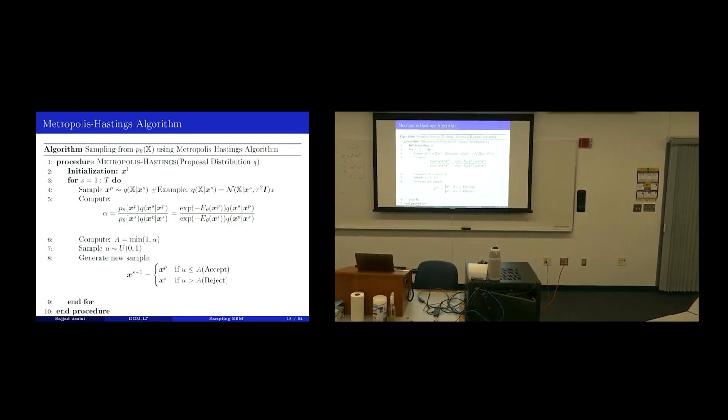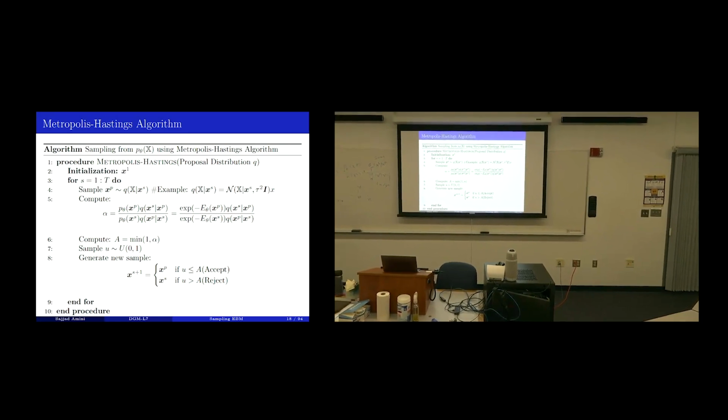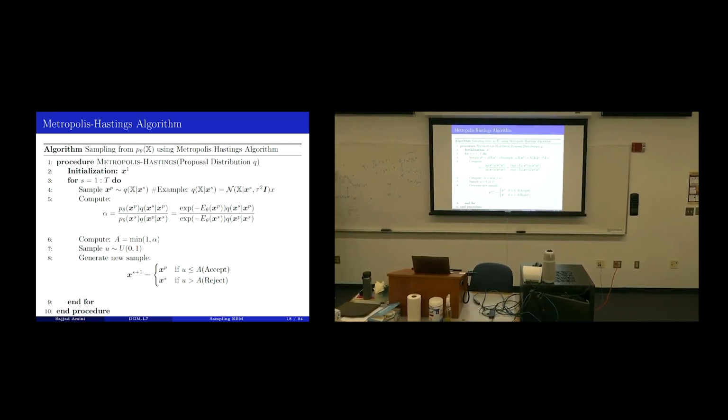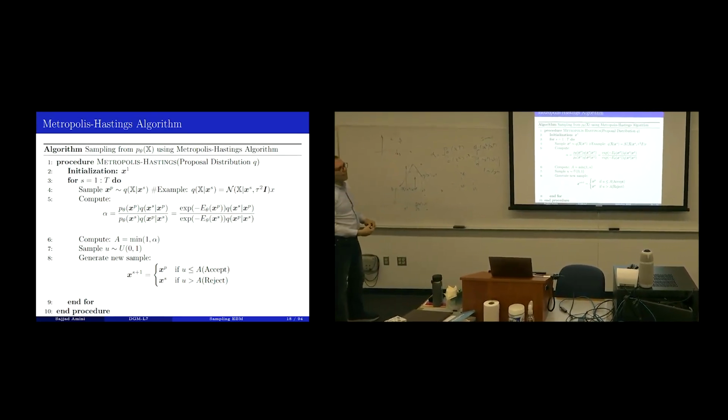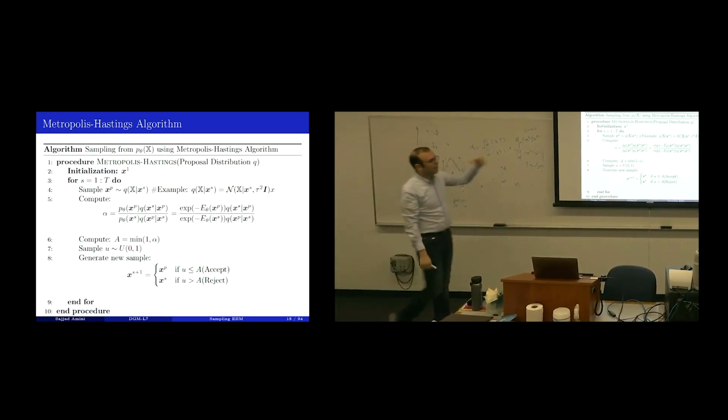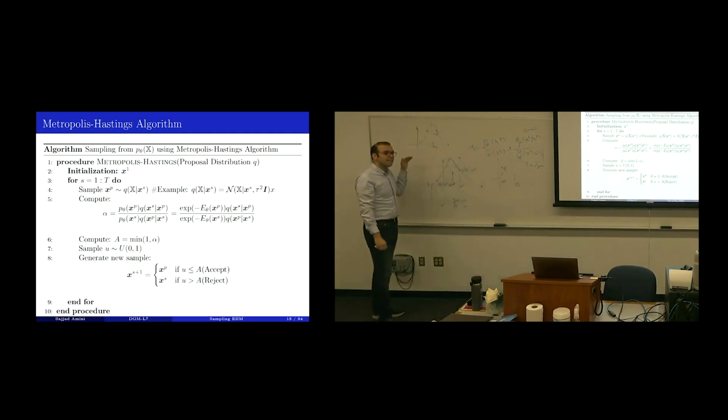You sample from it. Generally, you have some samples near XS based on the value of tau. And then based on that value, you calculate alpha and then whether to select or reject it. But selecting or rejecting has some bias from the unnormalized distribution. It means that the unnormalized distribution decides whether to accept this new sample or not. This is just a proposal distribution. It just proposes samples.